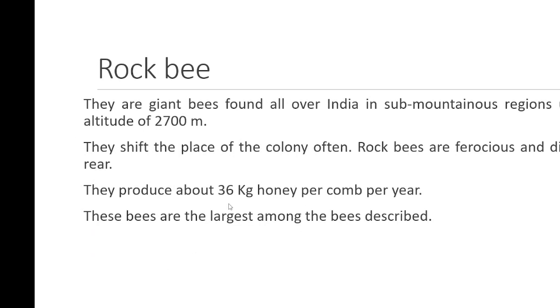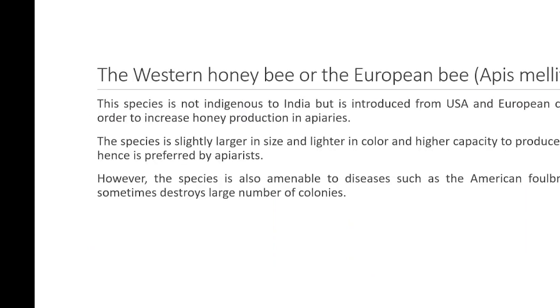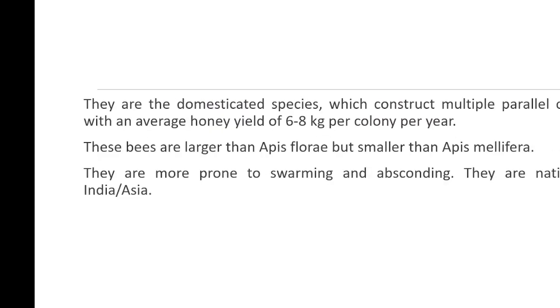Rock bee or Apis dorsata is producing 36 kilogram of honey, whereas the Asiatic honeybee or Apis cerana is only producing nearly 8 kg of honey per year. So these species are larger than Apis florea, but smaller than Apis mellifera.